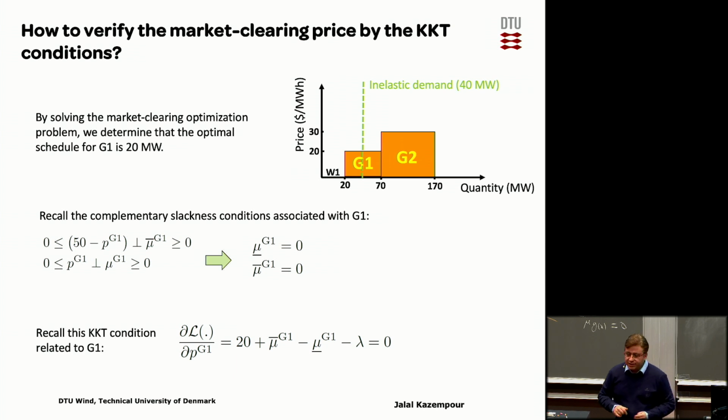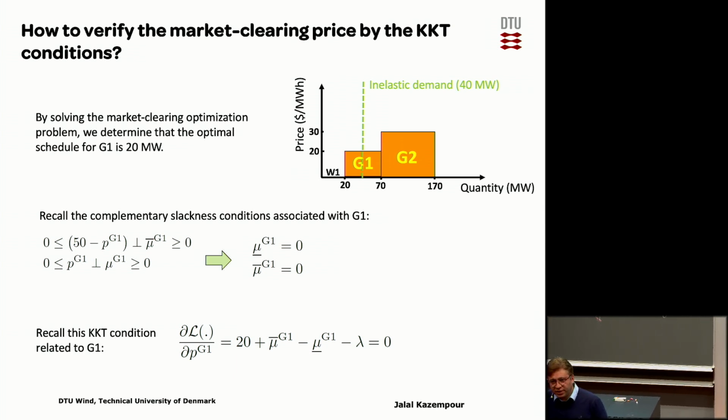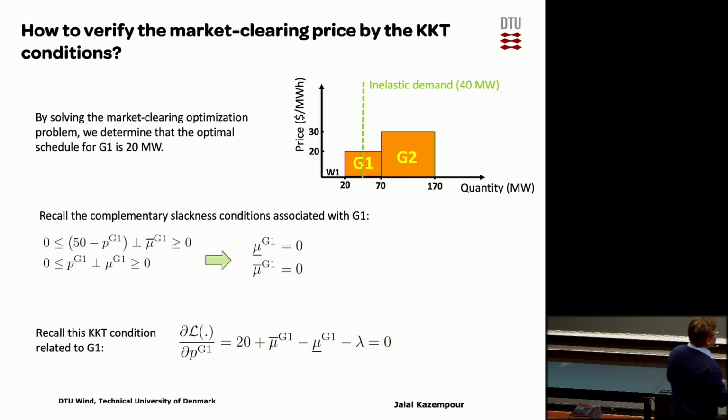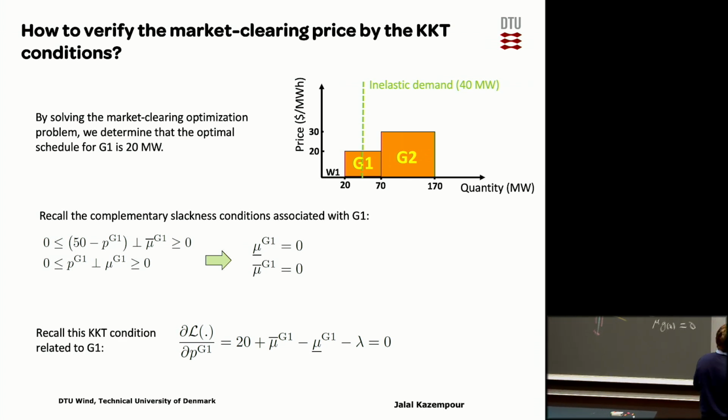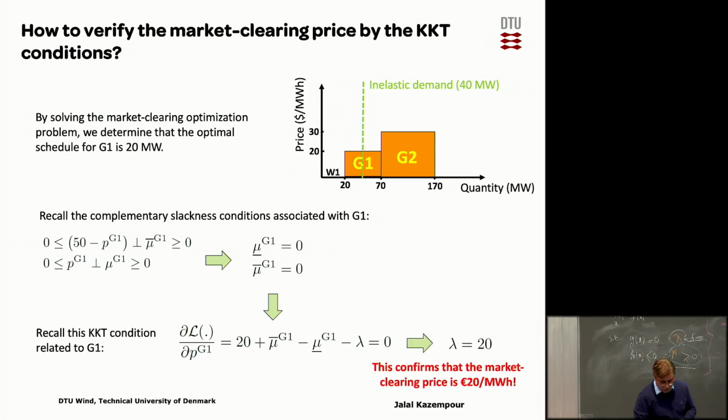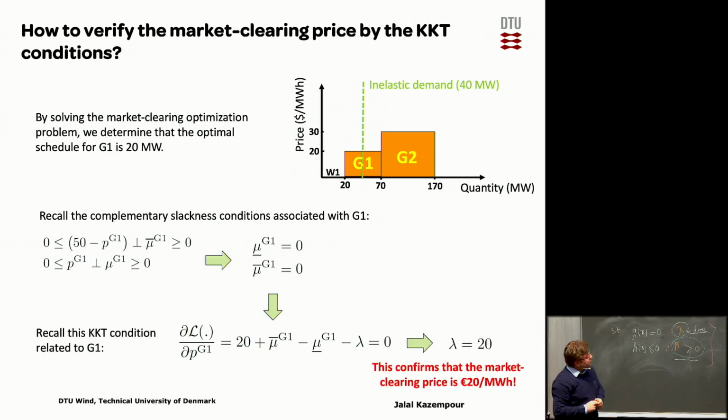There's another KKT condition. It comes from the derivative of the Lagrangian function with respect to the production of the marginal producer. It says 20 plus mu bar minus mu underline minus lambda equal to 0. So we learned that both dual variables are equal to 0.